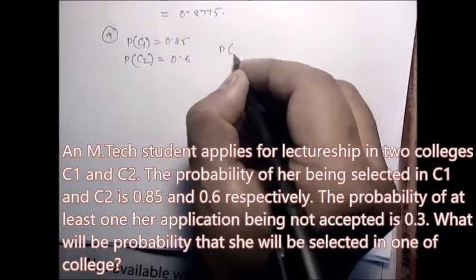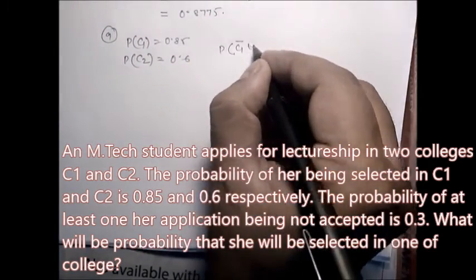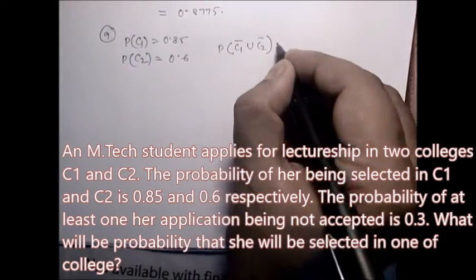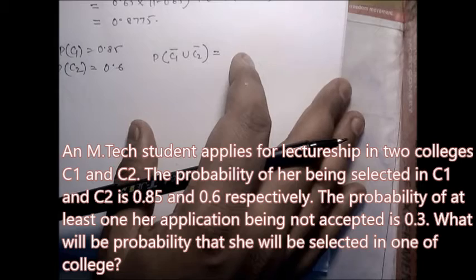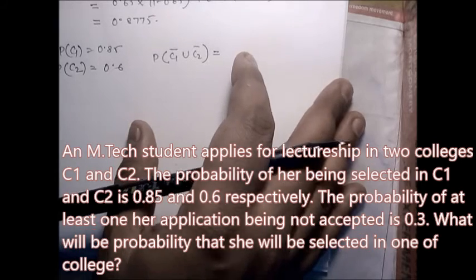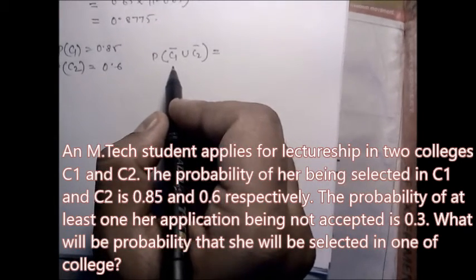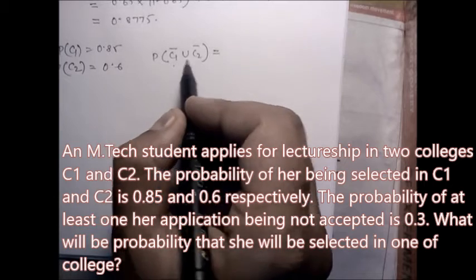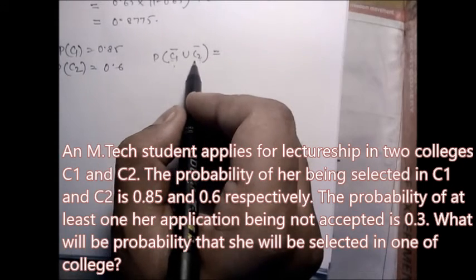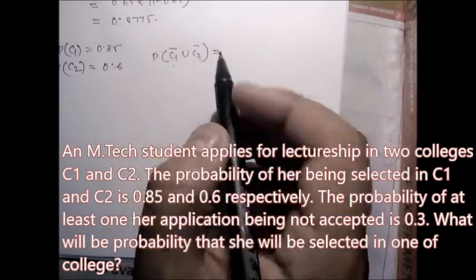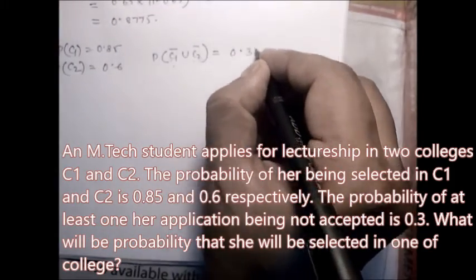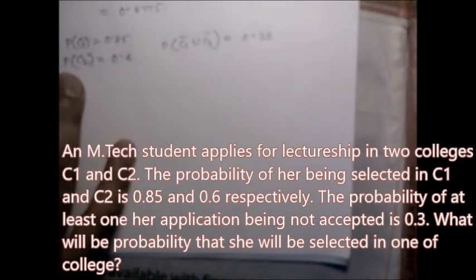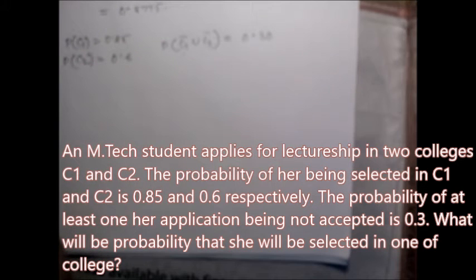Okay, that means C1 complement union C2 complement. The probability of at least one of her applications being not accepted, at least means maybe rejection from C1, from C2, or both, is 0.30. What will be the probability that she will be selected in one of the colleges?